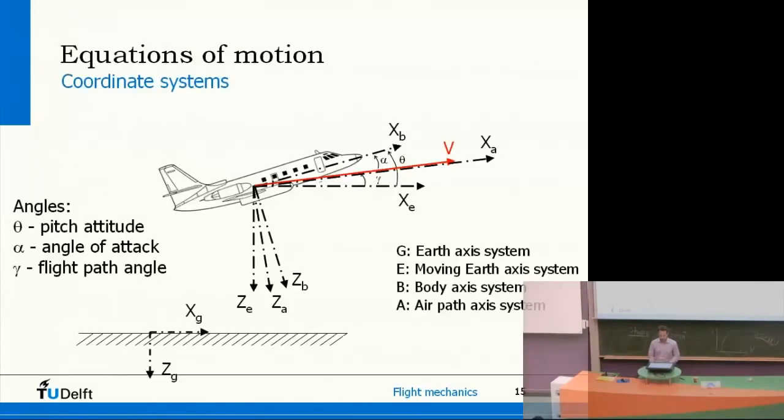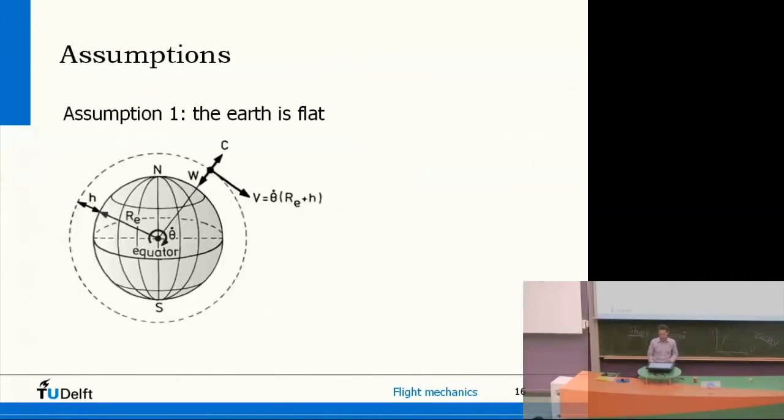And before I start deriving the equations of motion, just a few assumptions I'd like to emphasize. Now the first one I assume is that the Earth is flat. Now you can see that if you would stay at a constant altitude, like so, then if you fly long enough, you're actually flying around in a circle around the Earth.